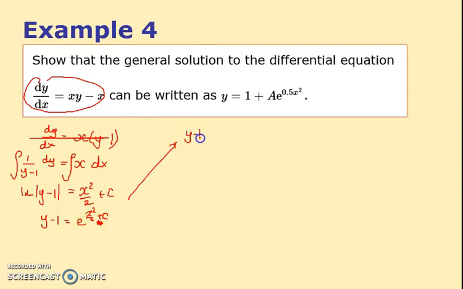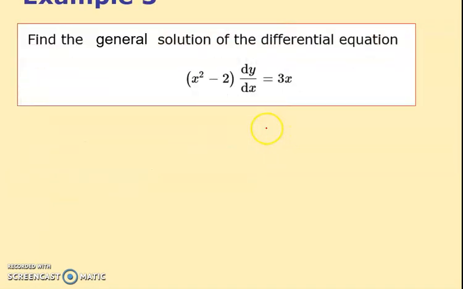I can write y minus 1 equals e to the x squared over 2 times by effectively e to the c. And that e to the c is like an a, e to the x squared over 2. And obviously the 1 moves over. And I think I've actually got it. That's the same thing as that.